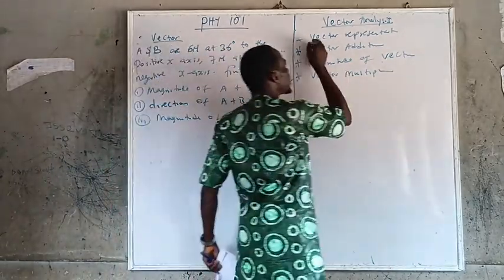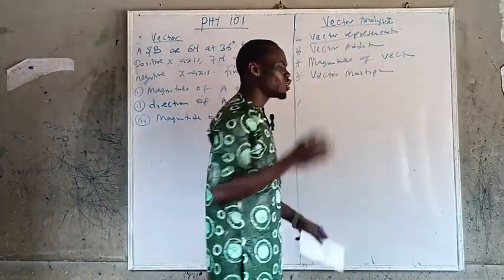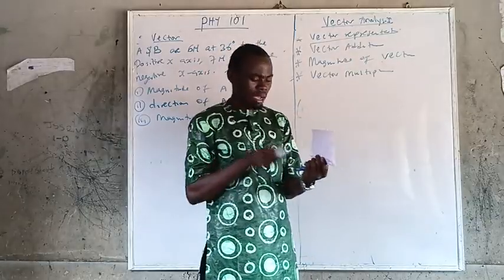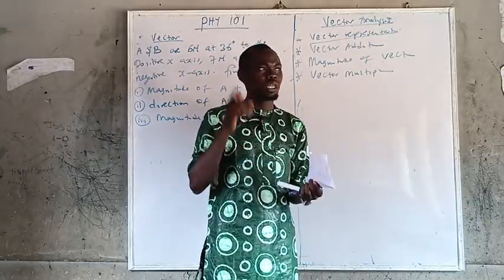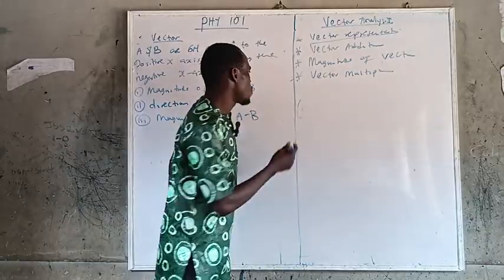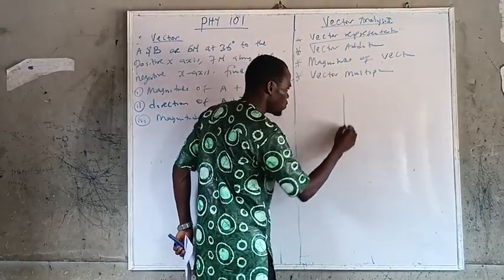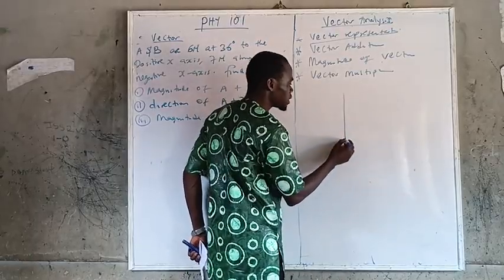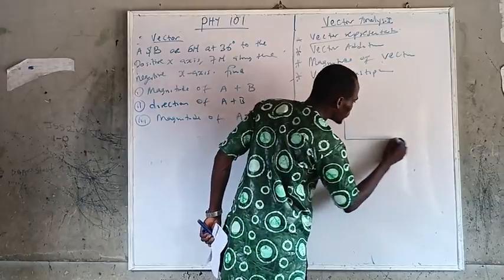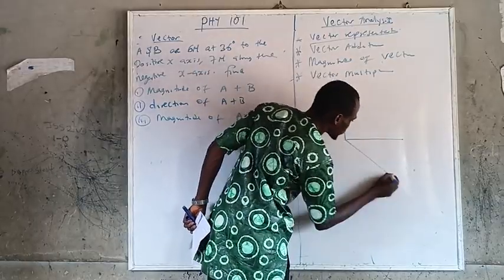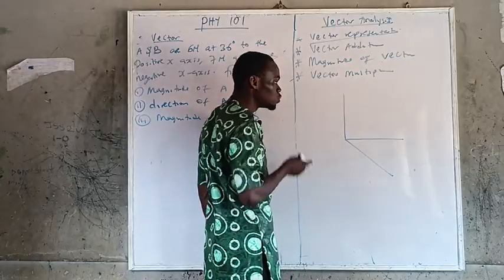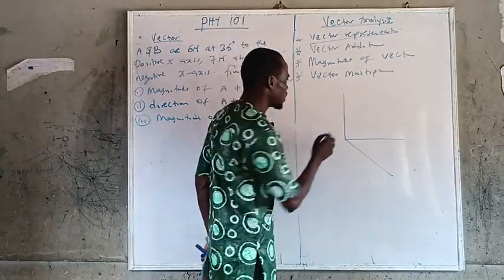Now, vectors are represented in components. In components, we have a one-component vector, a two-component vector, and a three-component vector. Under the representation of vector, in the three-component vector, you must be seeing this as a three-dimensional diagram.